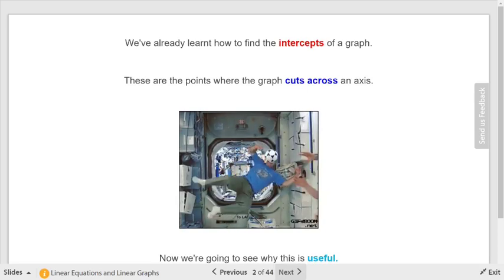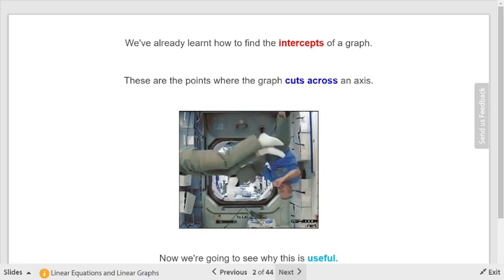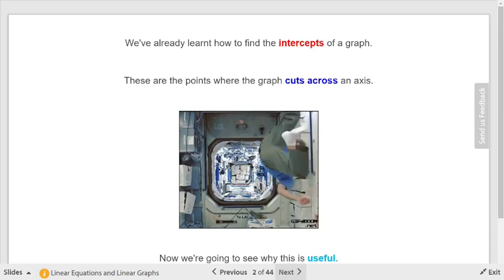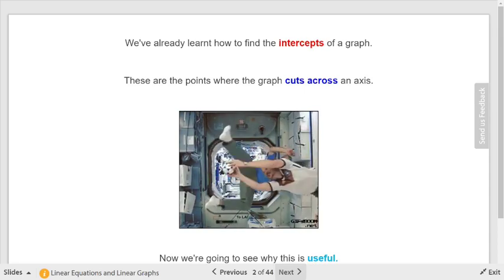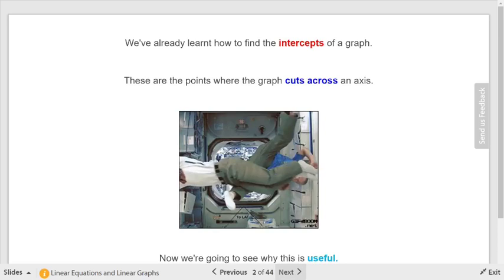And so the X intercept is simply where the line crosses the, what do you think? The x-axis, right? Seems pretty familiar, pretty easy to figure out. And for both of those points, we can always write an ordered pair.